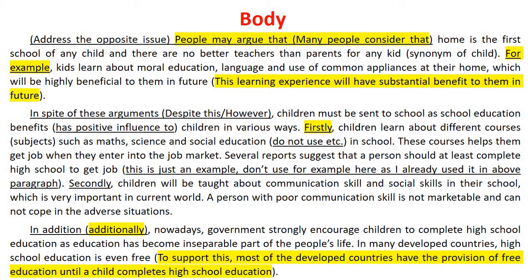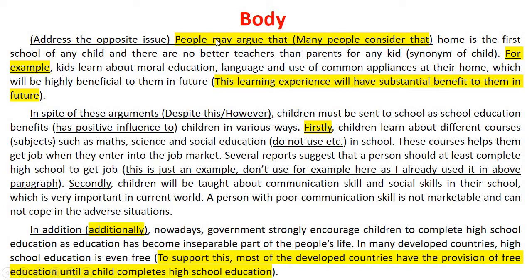So in the body there will be 3 paragraphs. The first paragraph will be addressing the issue which you are not agreeing with, and the second and third paragraphs will be elaborating the issue which you are agreeing with. So we don't agree on home education, so in the first paragraph we are talking about home education.